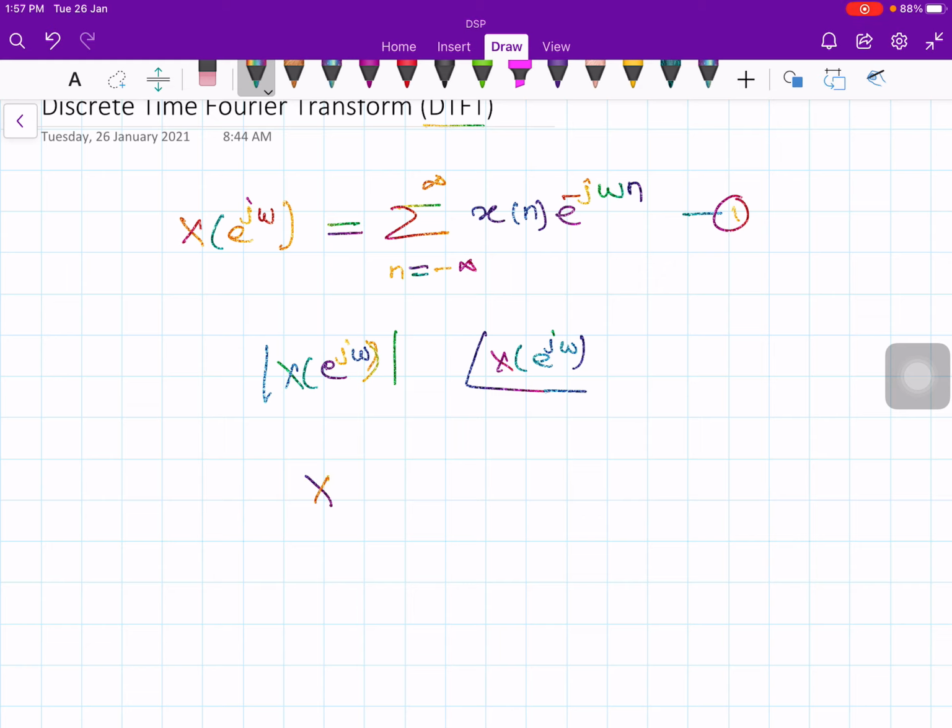Let me denote the real part as X suffix R of e to the j omega, and the imaginary part X suffix I of e to the j omega.